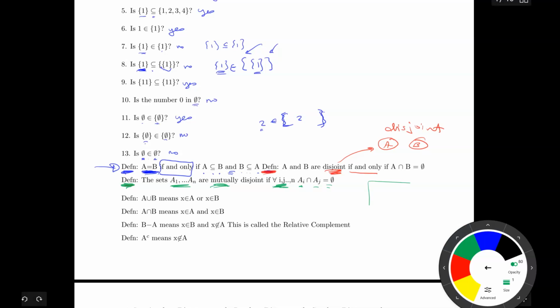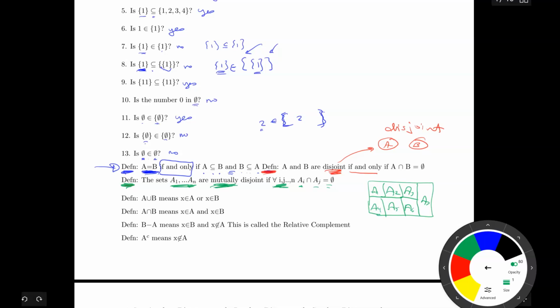So if I was to take a picture of this, here would be A1, here would be A2, here would be A3, right? So all of the sets have nothing in common, right? A6, and let's call this A7. So all of these 7 sets, right, it's a finite number, all of these 7 sets have nothing in common.